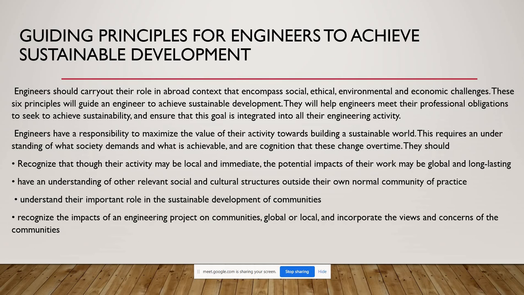Engineers should carry out their role in a broad context that encompasses social, ethical, environmental, and economic challenges.